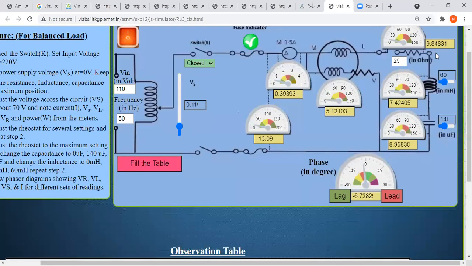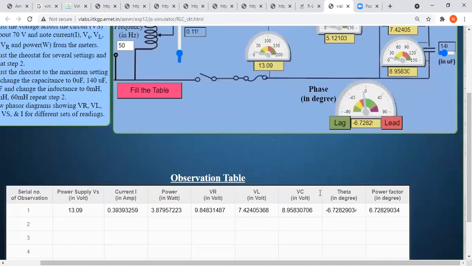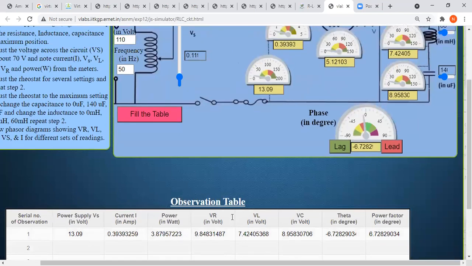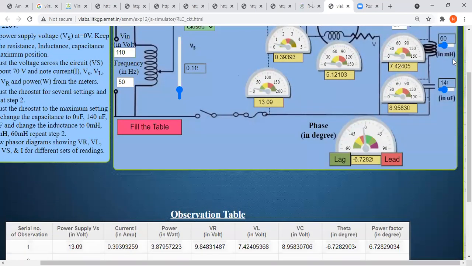And next is the voltage across the resistance, that is 9.84, and voltage across the inductance, that is 7.42. It is visible on the scale also, just cross check it. Then the voltage across the capacitance is 8.95. It is the same here on the scale, 8.95.